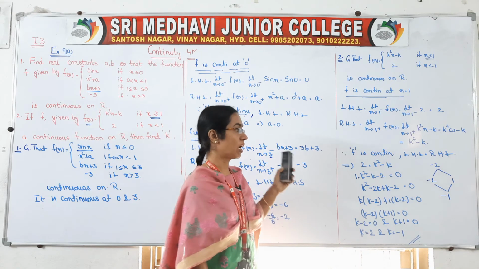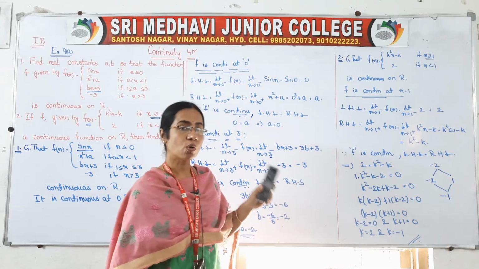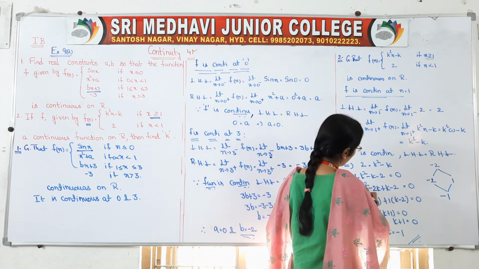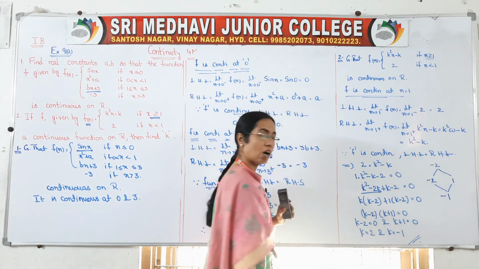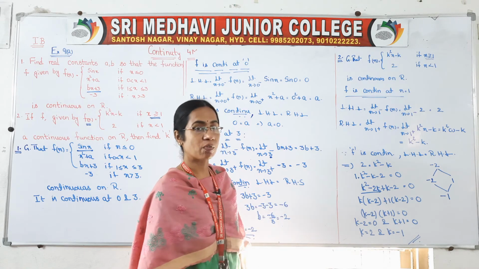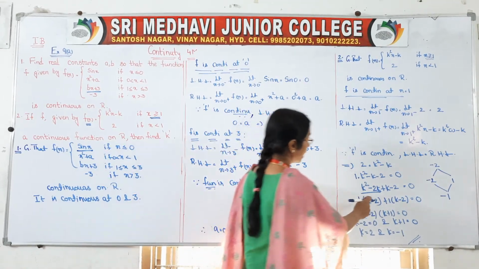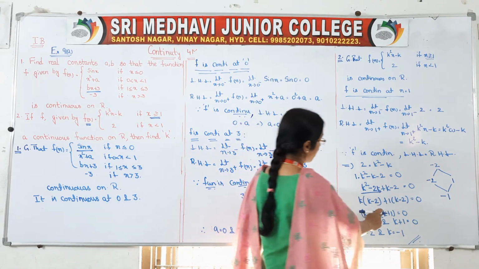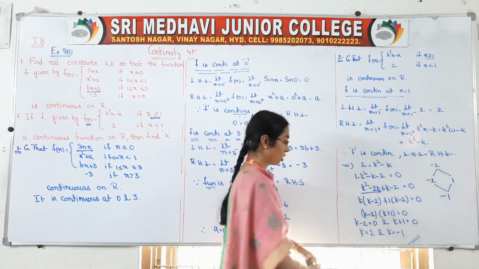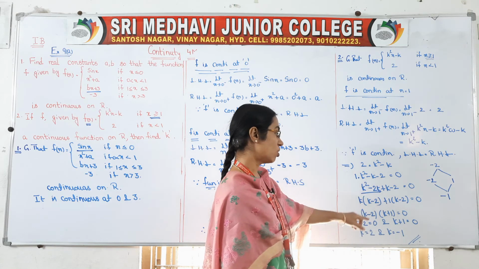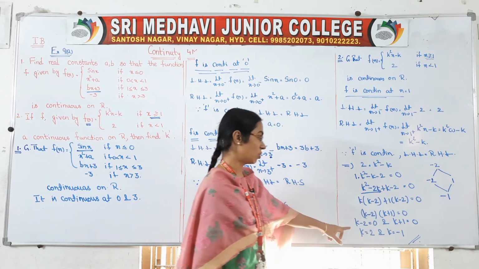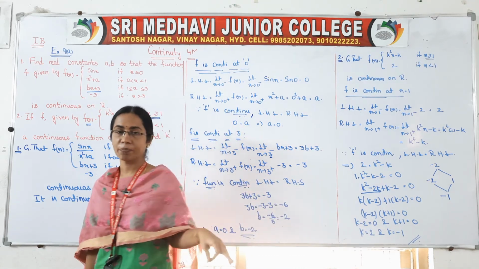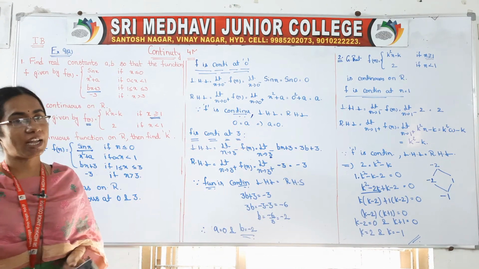So you take minus 2k plus k. From these two you take k outside, and from the others you take 1 outside. So k minus 2 common, k plus 1 is equal to 0. So k minus 2 is equal to 0 and k plus 1 is equal to 0. Therefore k is equal to 2 and k is equal to minus 1. These are the k values.